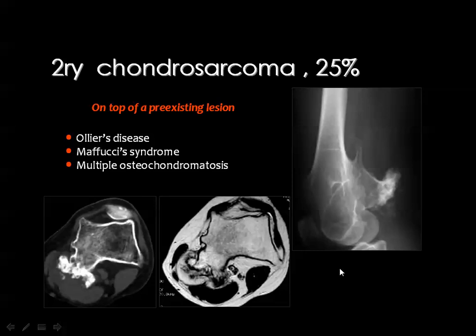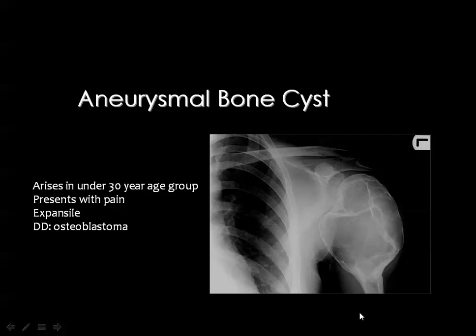To predict malignant transformation in an osteochondroma, you look for the thickness of the overlying cartilage cap. The normal thickness is usually a few millimeters. If the thickness is 1 centimeter or above, then you think of malignant transformation of the osteochondroma. Also, you can look at the cortical bone underneath the cartilage cap, and if you see significant bone destruction and erosion, this is also one of the criteria of malignant transformation.